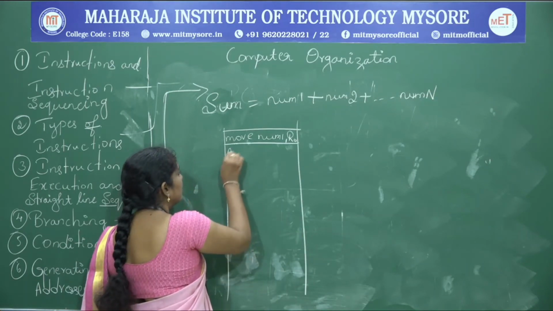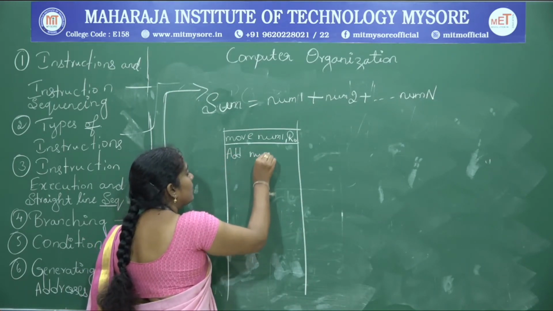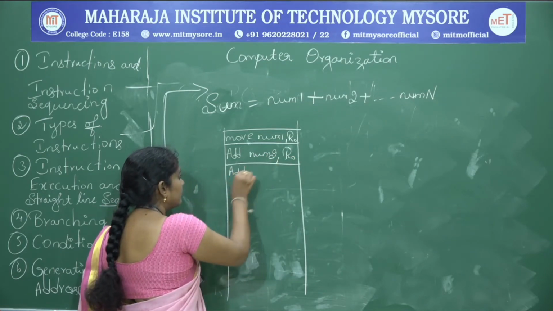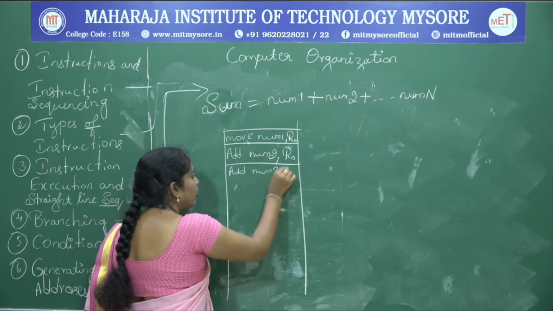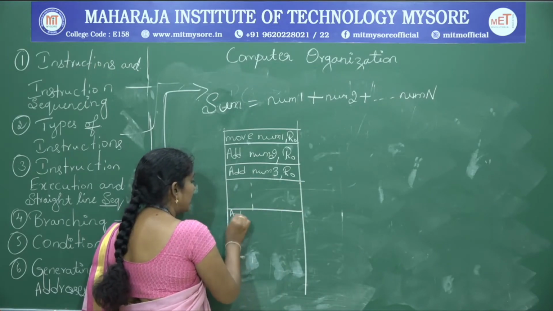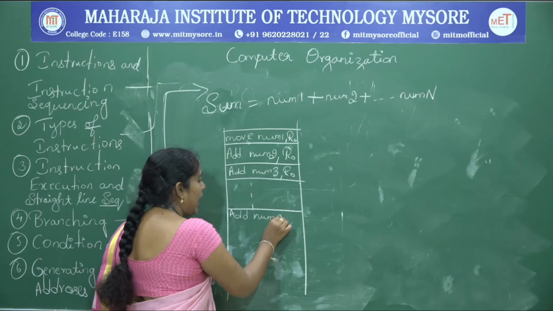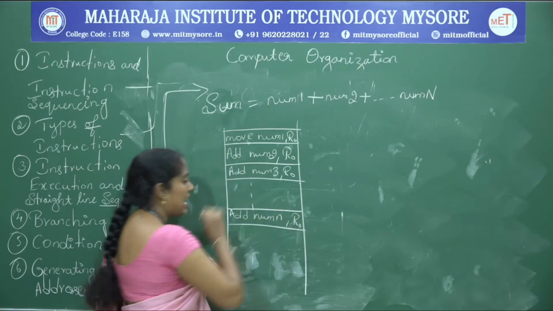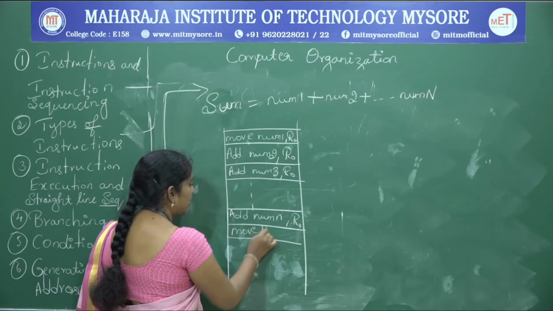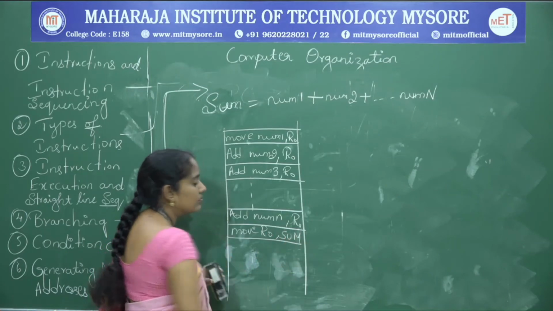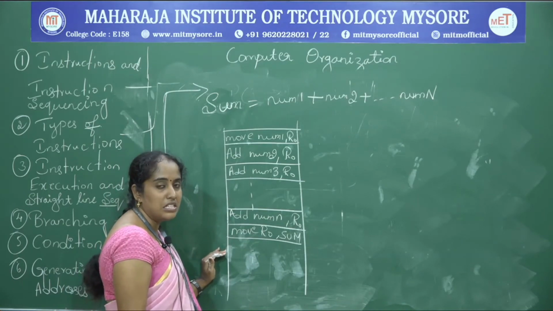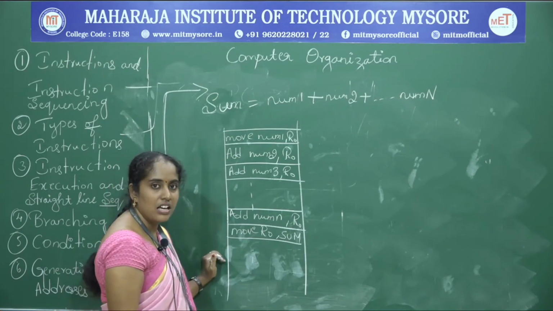Next add num2 comma R0, add num3 comma R0, like that, and at last add num n comma R0, and the last one is move R0 comma sum. Here it takes a larger number of memory words; it occupies more words.